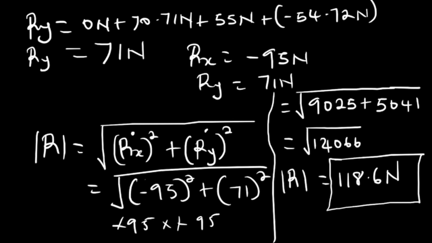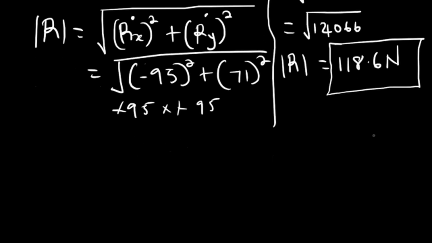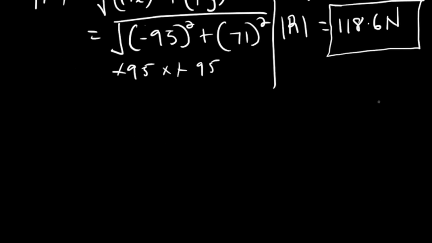The next thing that we're going to do right now is to find the direction. How do we find the direction? The direction is given by the formula tan theta is equal to Ry all over Rx. You must always use a tangent.